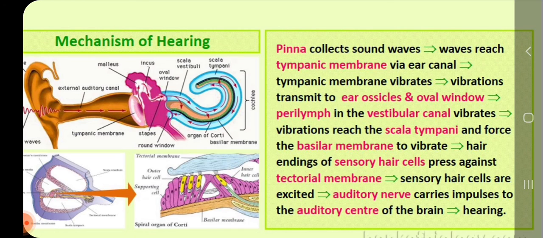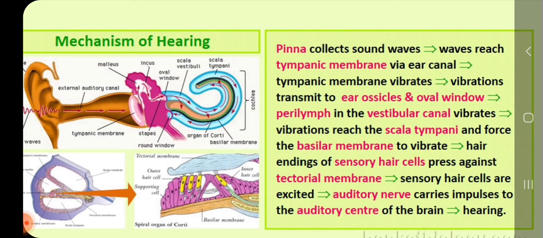When the sensory hair cells bend, they press the tectorial membrane. So what is this tectorial membrane? The tectorial membrane is the thin membrane which is present above the rows of the hair cells.